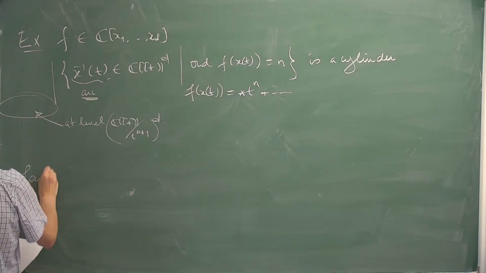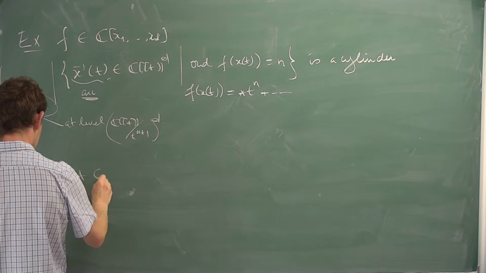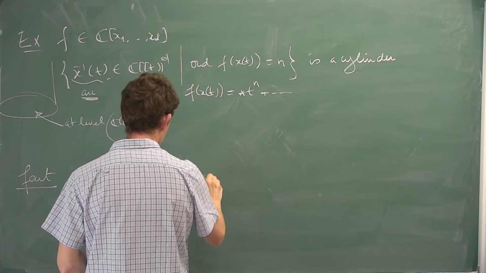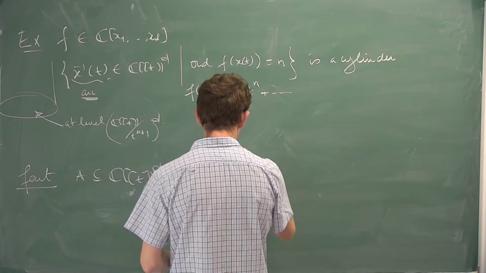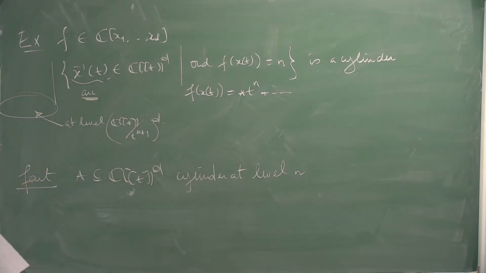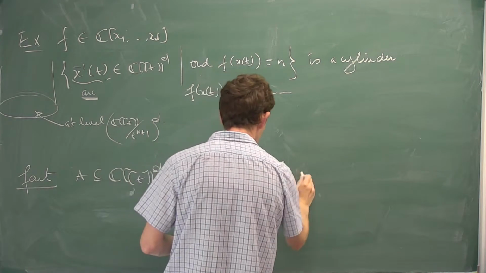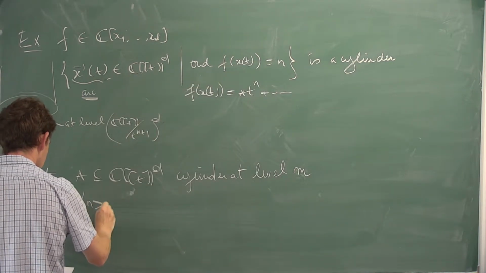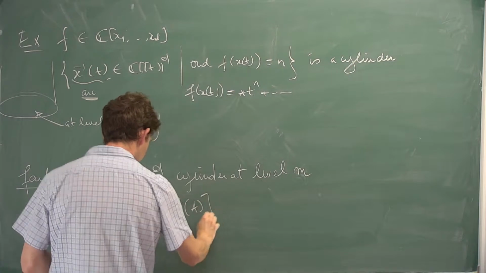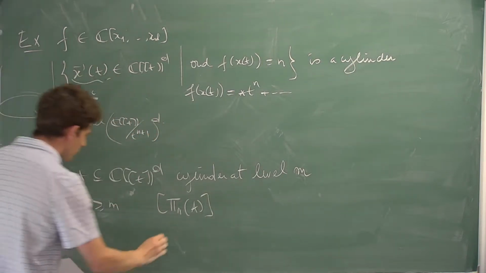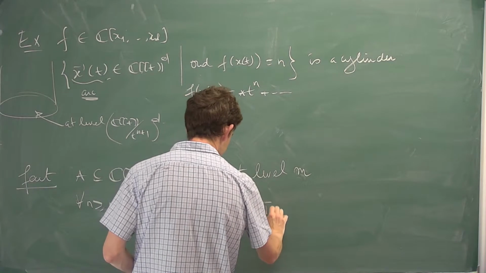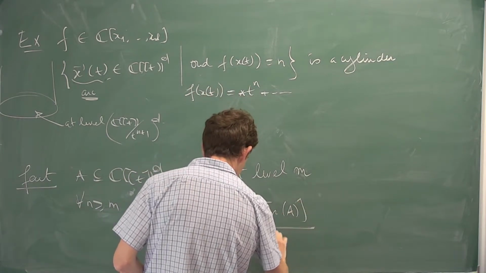So, easy fact. If you take a cylinder A at level m, then as before, as I showed for the p-adic case, for any n larger than m, you can observe that the class of the truncation of A modulo T^(n+1) divided by L^(nd) is equal to the class of P_m(A) divided by L^(md).